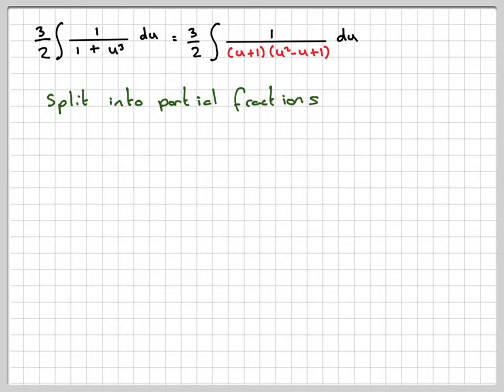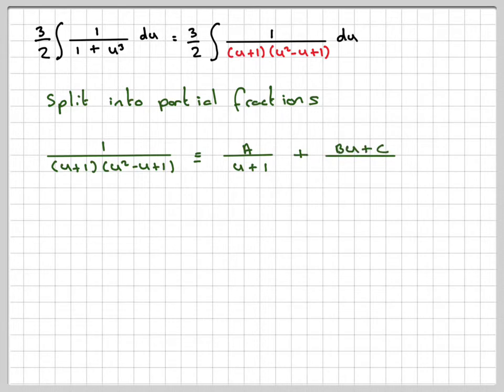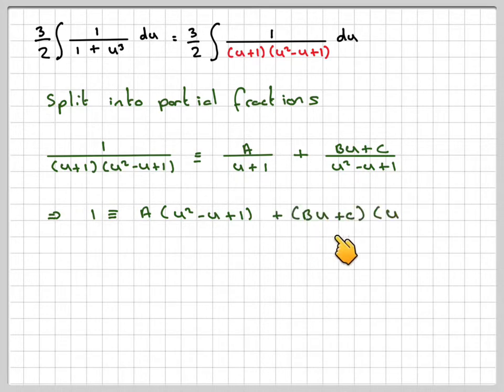So let's take the 1 over u plus 1, u squared minus u plus 1, and say it's equivalent to a over u plus 1. And this is a quadratic factor, so we have to put bu plus c over u squared minus u plus 1, which means that 1 would have to be equivalent to a times u squared minus u plus 1, plus bu plus c times u plus 1.